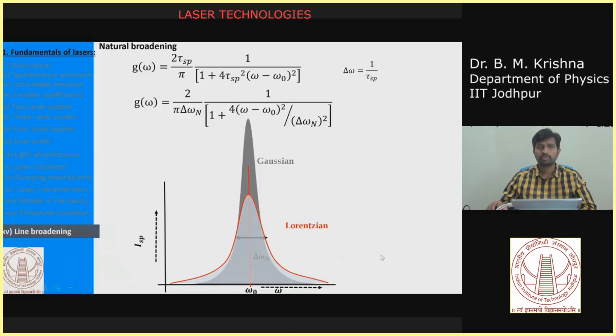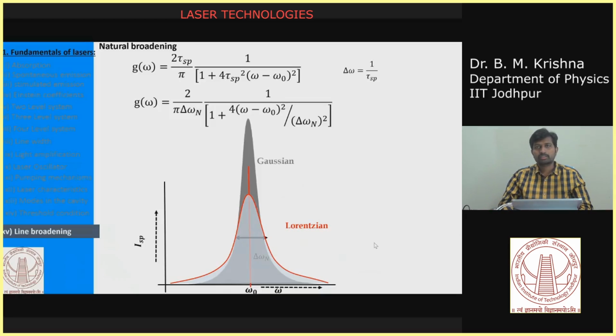So this line width is associated with the Lorentzian function, and the full width at half maximum can be measured from delta omega n. That is the width associated with spontaneous emission.